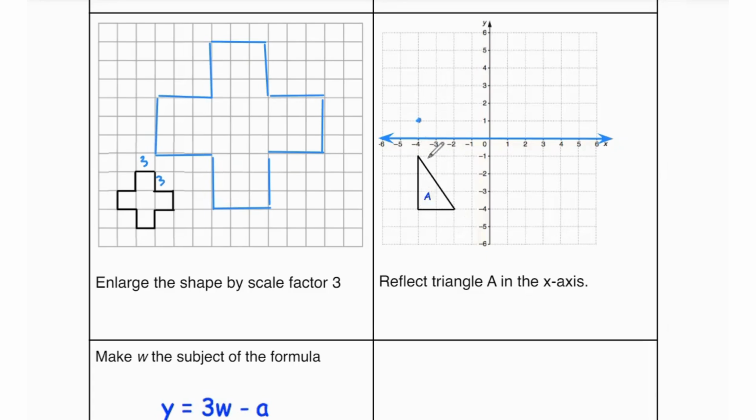This point is 4 boxes away. So 1, 2, 3, 4. Same with this one. So now if we connect the points, this is our reflection of shape A in the x-axis.